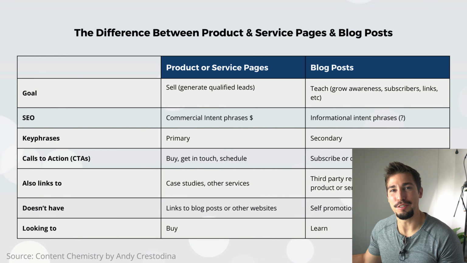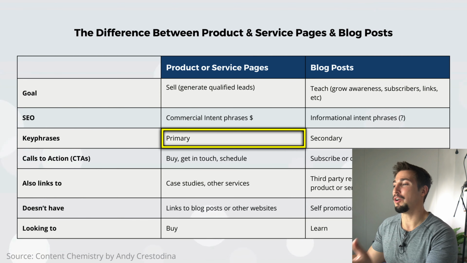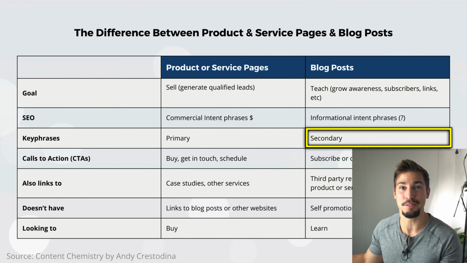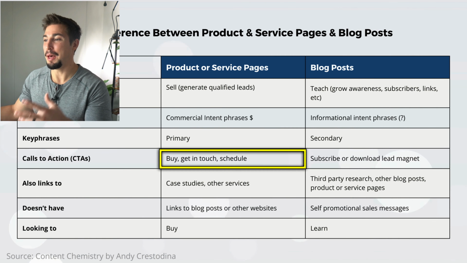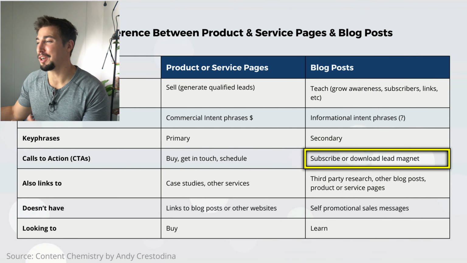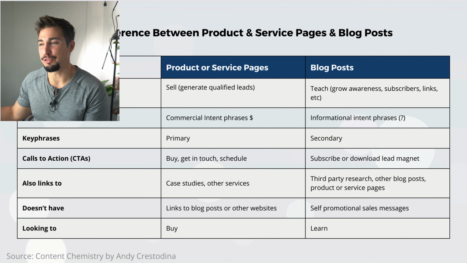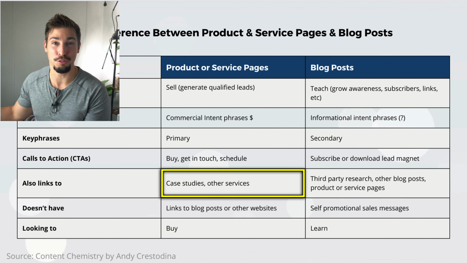We call the key phrases for your product or service pages primary key phrases. We're going to call the key phrases for your blog posts secondary key phrases. For your product or service pages, your call to action is going to be something like buy, get in touch, or schedule. The call to action for your blog posts is going to be things like subscribe or download a lead magnet. On your product or service pages, you're going to link out to things like case studies or other product or service pages.